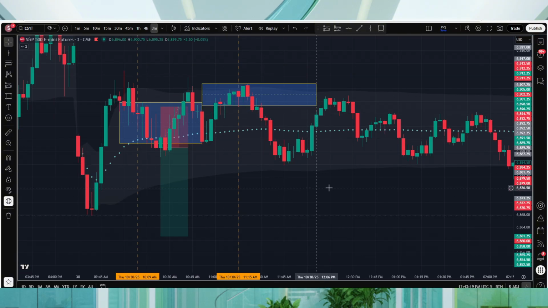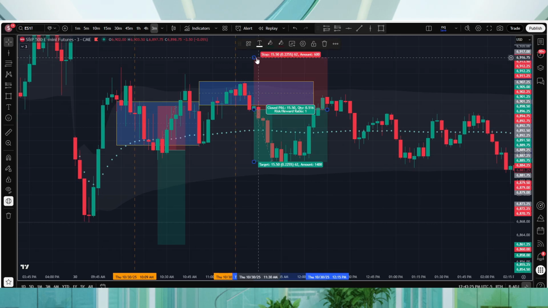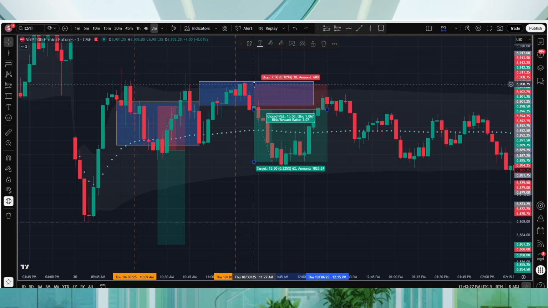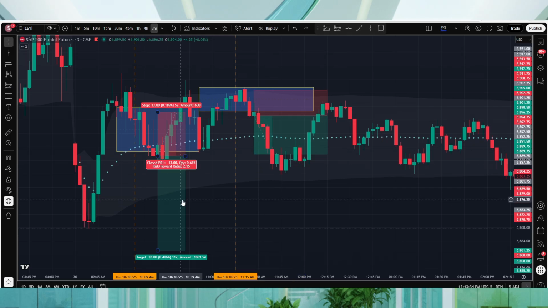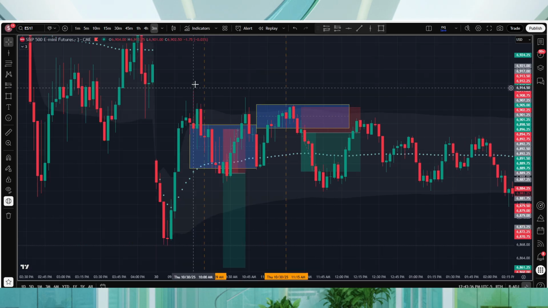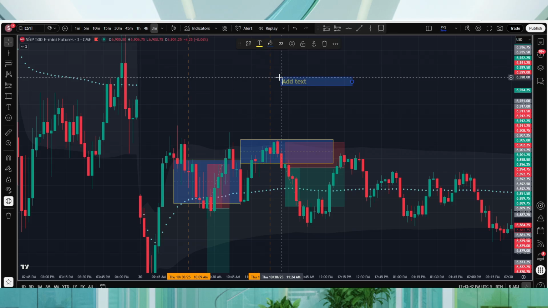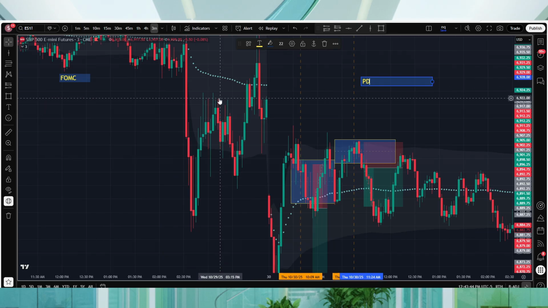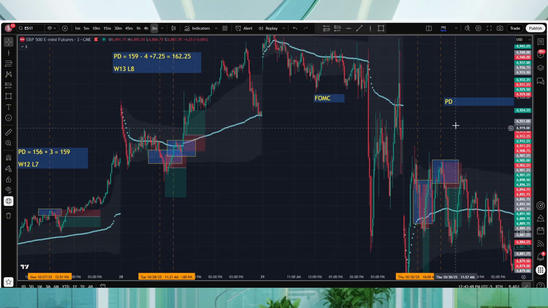So we have 11.15 trade there. All right. Short here. Probably around that much is fine. 1.5 here. All right. So around 11.5, 13. Okay. Is what? 162.25.